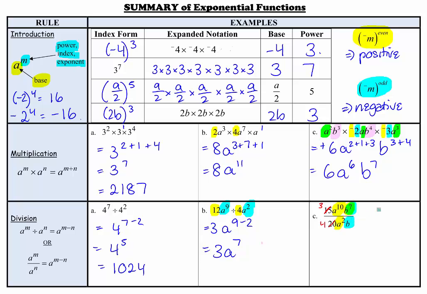Okay, so my answer becomes 3 over 4, a to the 10 minus 2, b to the 7 minus 1. So it's 3a to the 8 (10 minus 2 is 8), b to the 6 (7 minus 1 is 6), all over 4. I could also write that as 3 over 4, a to the 8, b to the 6.